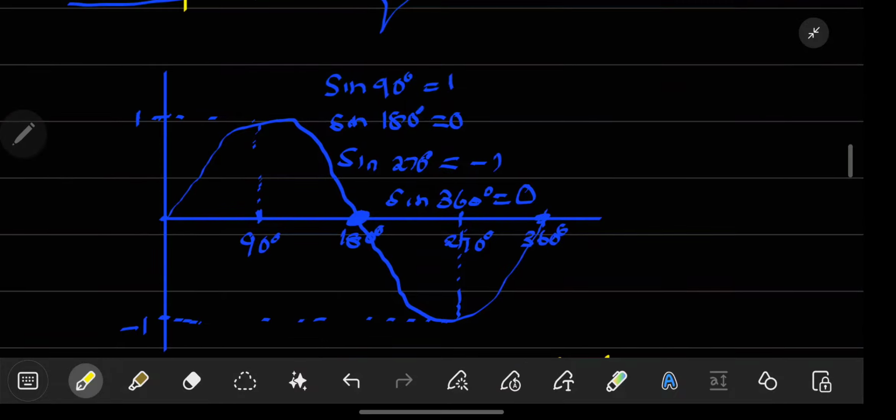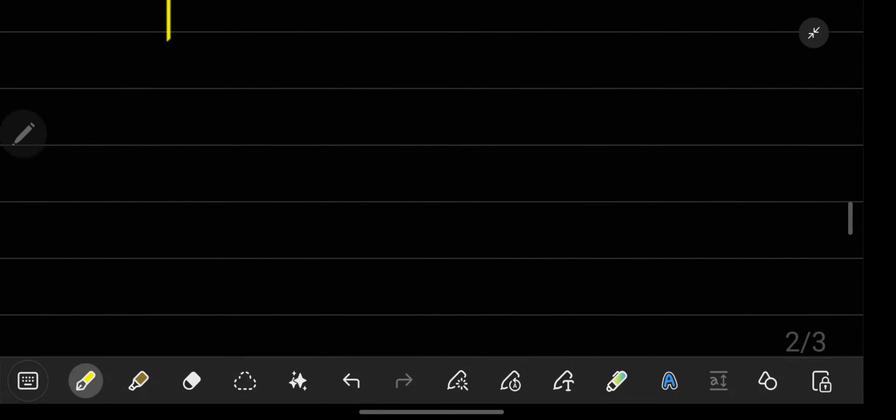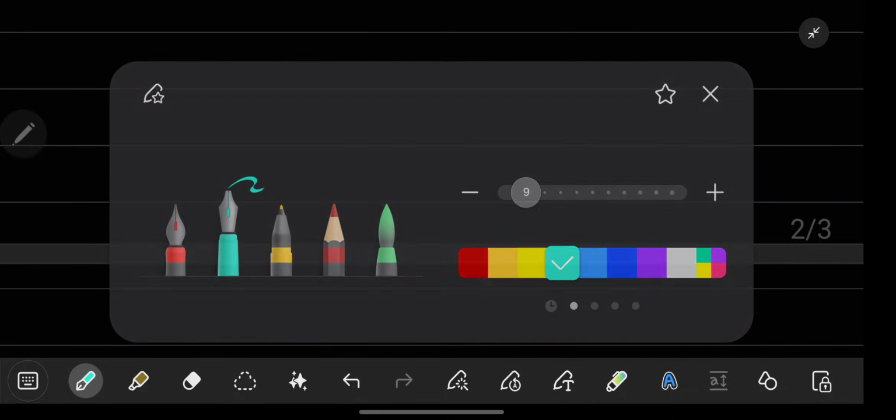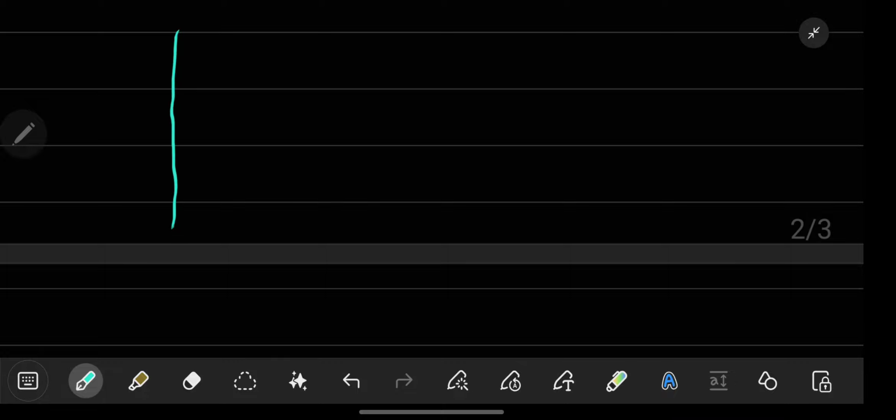Okay? So we are left with the tangent one. The special angles for tangents. Let's draw a tangent function. So a tangent function, it is the one that has asymptotes, right? It has asymptotes. We'll just get it now.